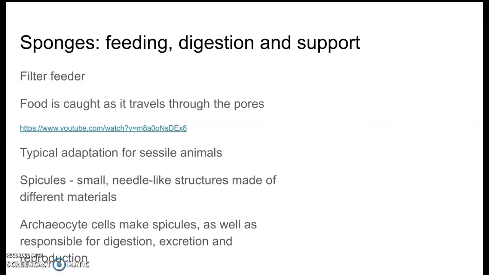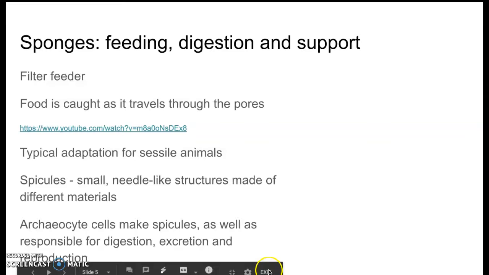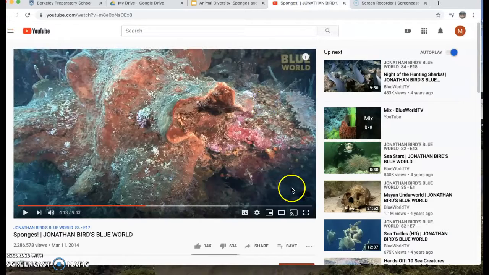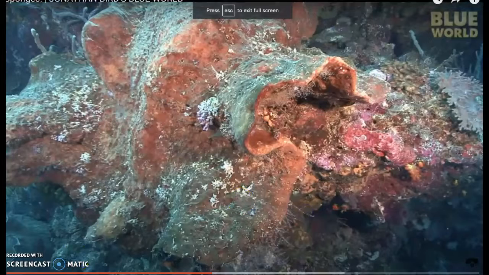Filter feeders are organisms that are able to take massive quantities of water, travel through the pores, and then pick out the plankton or small organisms that are found in that water, so that they can catch those organisms. And now we're going to watch a small video about how that works.